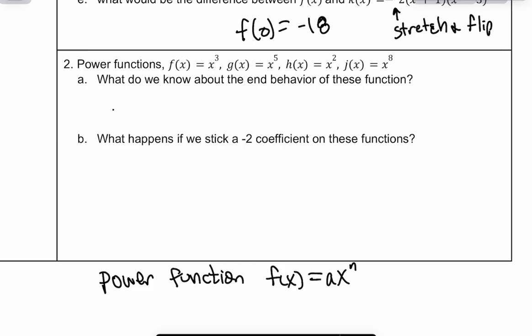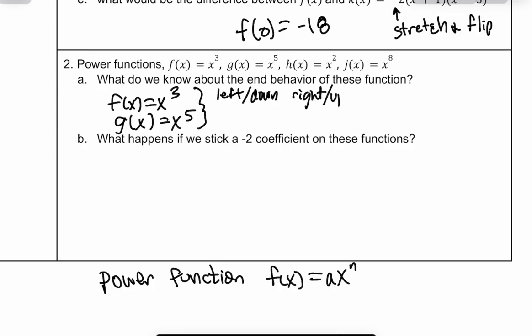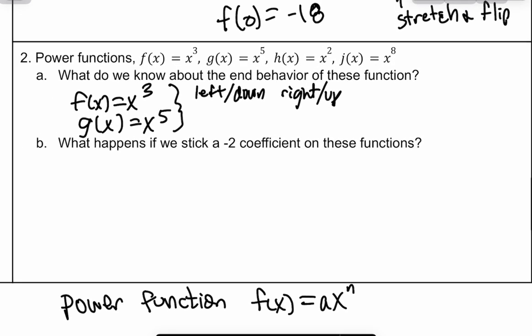Well, f of x equals x cubed and g of x equals x to the fifth, both are power functions or polynomials with an odd power. So for these, the left end is going down and the right end is going up. Now, how do we write that correctly? We need to write that more formally, more mathematically.